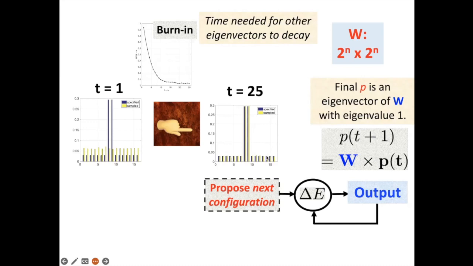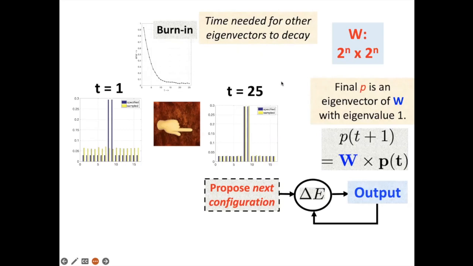And that's why at some point, it settles down to a fixed distribution. So this stationary distribution is this eigenvector, which corresponds to the eigenvalue of 1. But then there are other eigenvalues which are less than 1. And when you start from a bad distribution, it takes some time for those other eigenvectors to die out.